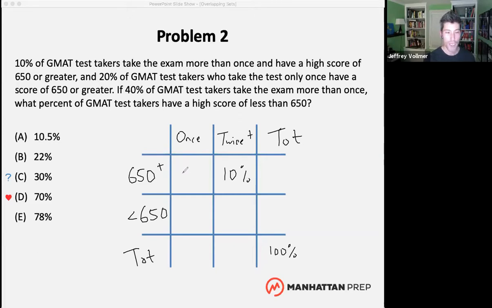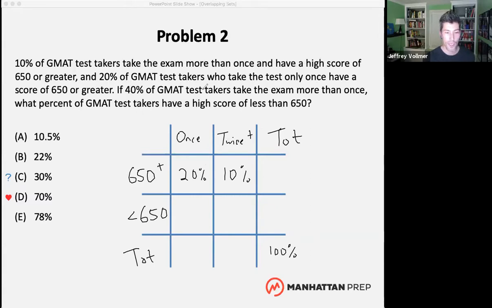Let's put the 20 in the top left, okay? 20% of GMAT test takers, and what are the categorizations here? Take the test only once, score of 650 or greater. So we're putting 20% here. Okay, well, we can go ahead and add this up if we want, but let's see what else there is.